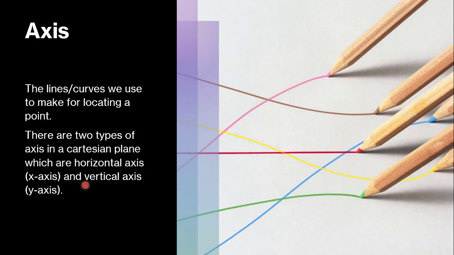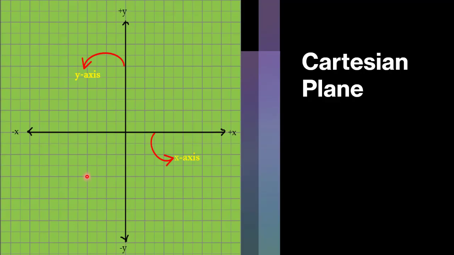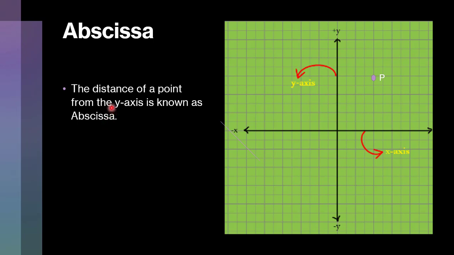Now coming to another term used in a Cartesian plane, this is how a Cartesian plane looks like. Coming to another term, that is abscissa. This is the distance of a point from the y-axis, right? Now this is the point. We have P. The distance from the y-axis is this one shown here.